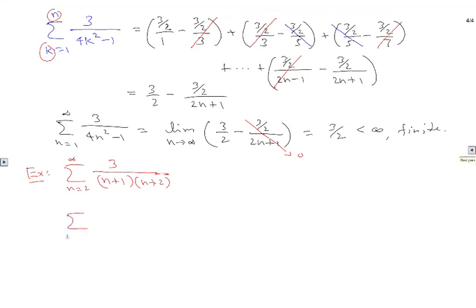Another one: the sum from n equals 1 to infinity of 5 over (n squared minus 4n plus 3). You can try these two and see how things go.